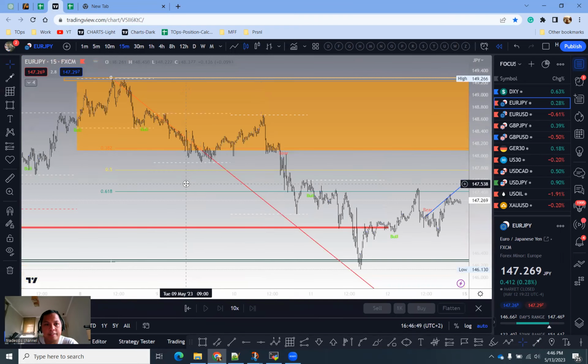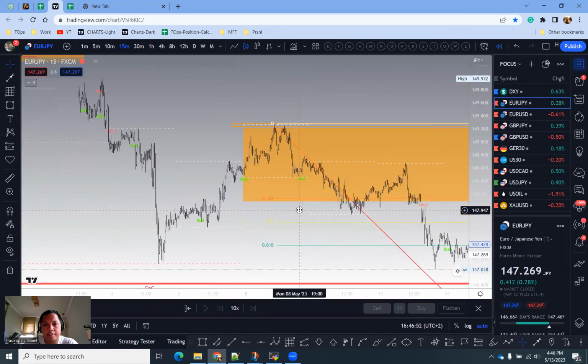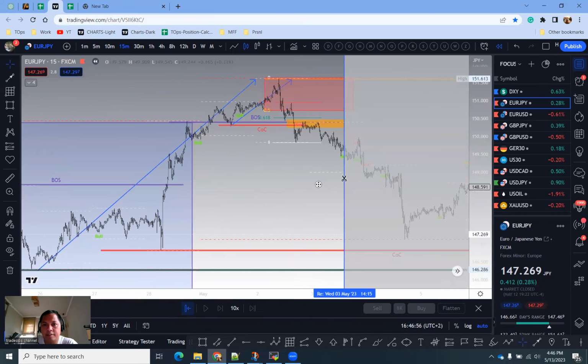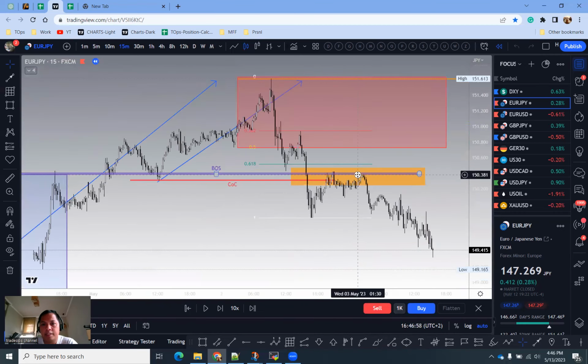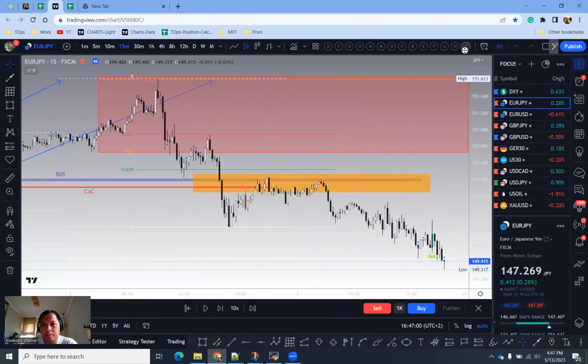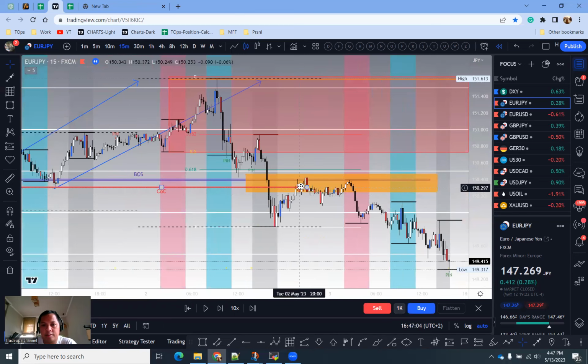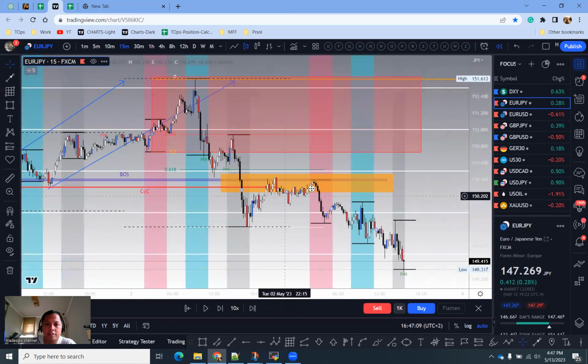And pag pumunta tayo dyan, balik natin sa candlestick. Ayan, dito. I-rewind muna natin yung price. Nakikita mo na pagpunta tayo sa sessions, nakikita mo na, okay, so Asian pala to.